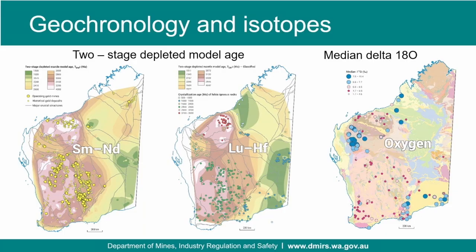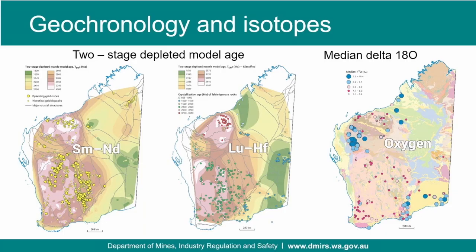These are the first isotope maps ever published by the Geological Survey. They are for neodymium, hafnium, and oxygen. Mapping and associated data sets included the results of new analyses, particularly in the southwest Yilgarn region. These maps can be used to help understand the evolution of the lithosphere over time.